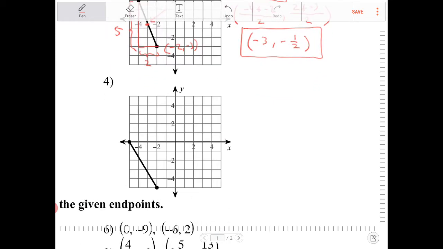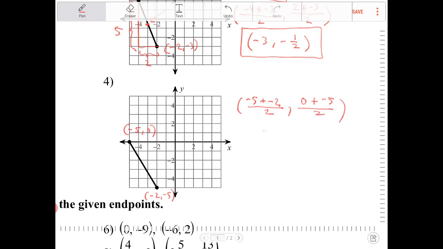Let's take a look at question number 4. This point right here is -5, 0, and over here this is -2, -5. To find the midpoint, I will add together -5 and -2, divide by 2, add together 0 and -5, and divide by 2.